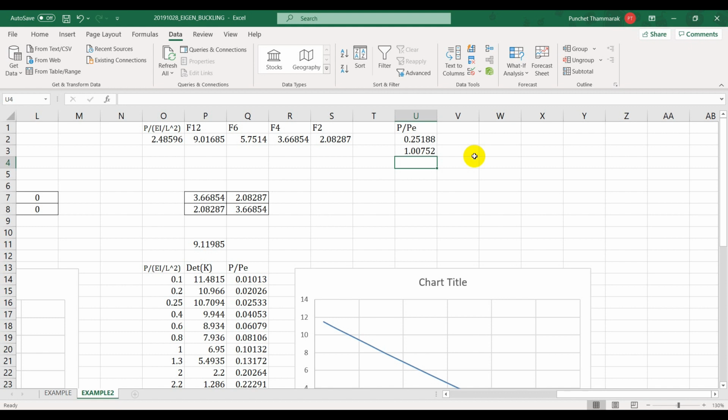So basically, if you use the structural analysis program, you want to account for the P delta effect by geometric stiffness matrix.